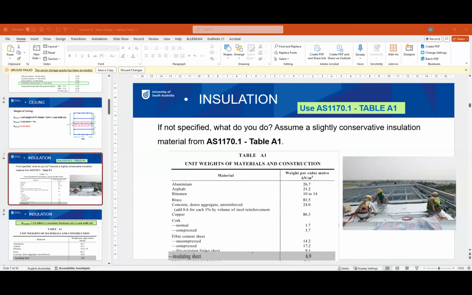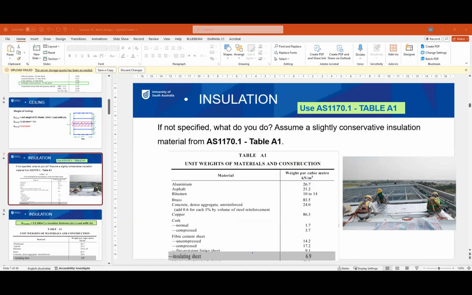What we can do now is G insulation equals the density from the table, which is 6.9 kilonewton per cubic meter. Actually, this is the specific weight. So the specific weight from the table multiplied by a thickness that we need to assume, multiplied by the load width.